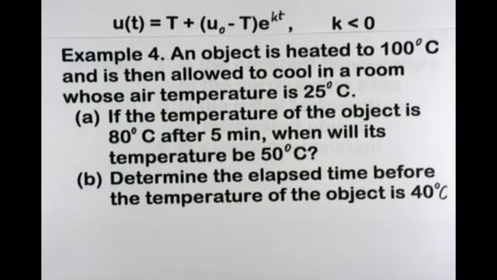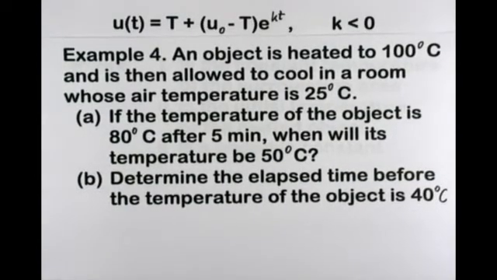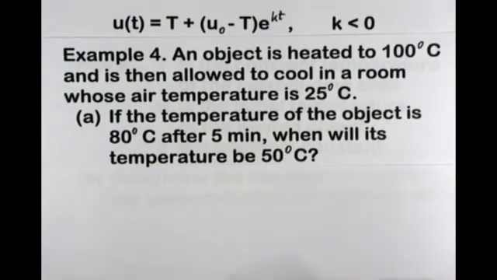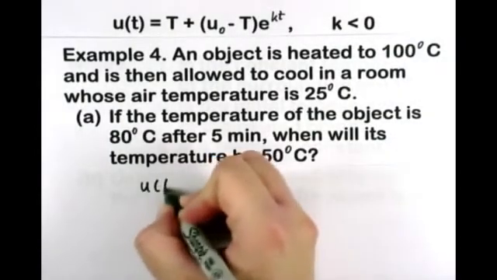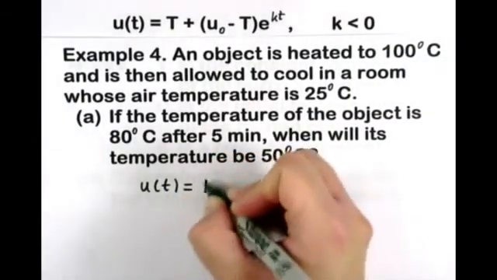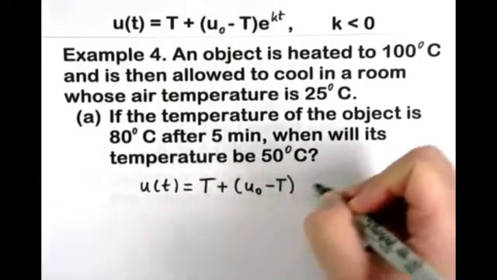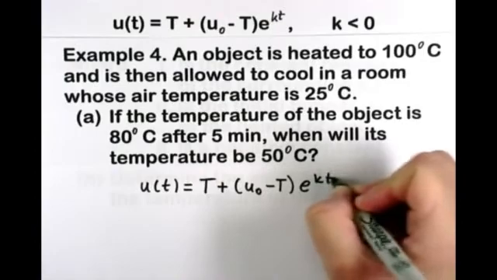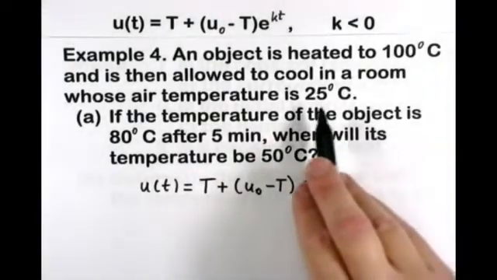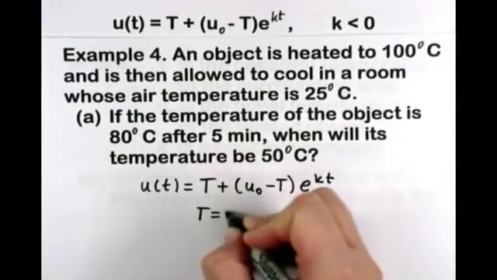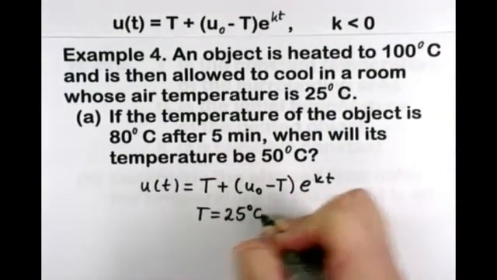And as before, probably we need to find the constant first. So my T is the room temperature. So we have U(t) is equal to T plus (U0 minus T) e to the power kt. T is the room temperature of the surrounding area, so T is 25 Celsius.